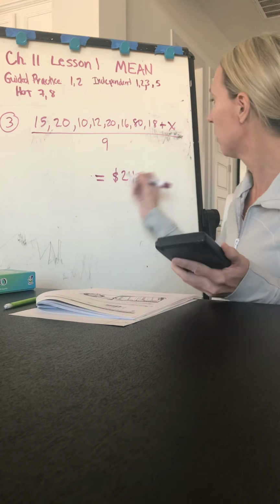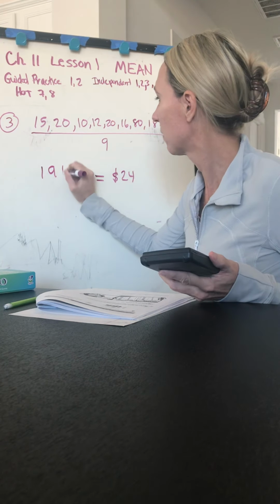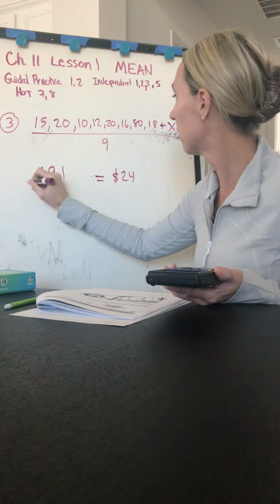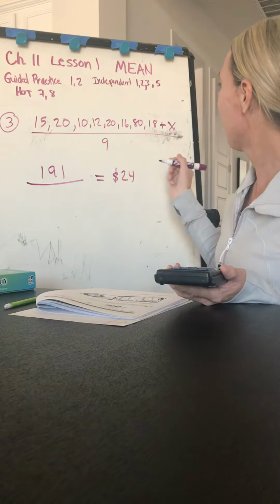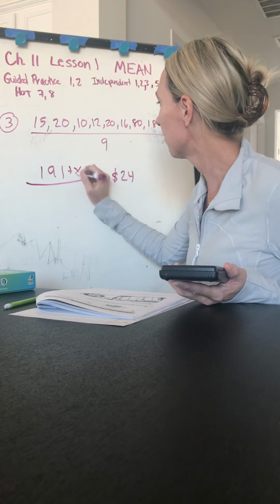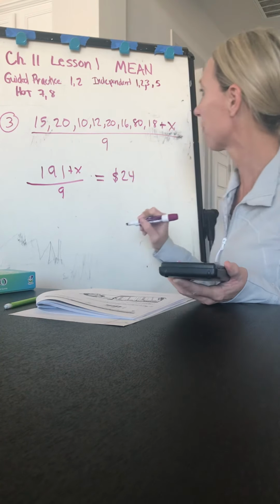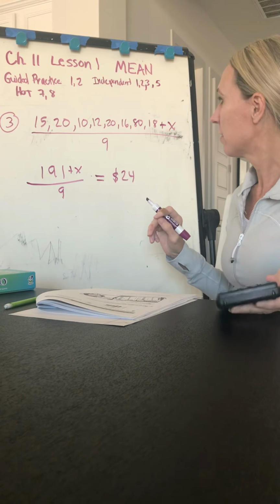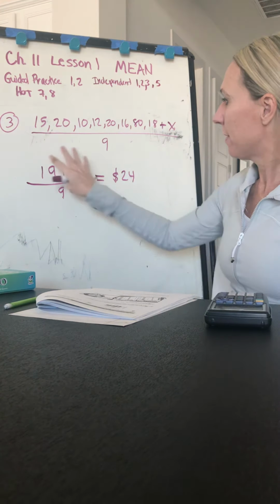And I get 191. And Bentley, will you grab a calculator and put that in, just double checking, because I'm trying to go fast, sorry. And plus X, which we don't know, and we're going to divide that by 9. Okay, so this is the setup.